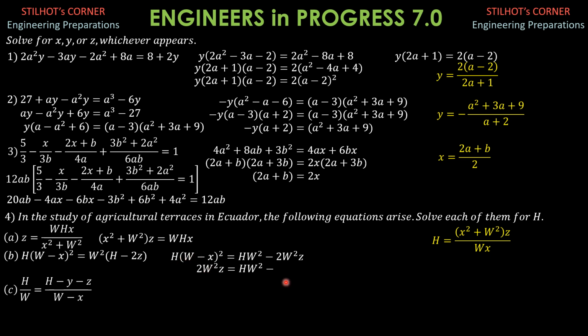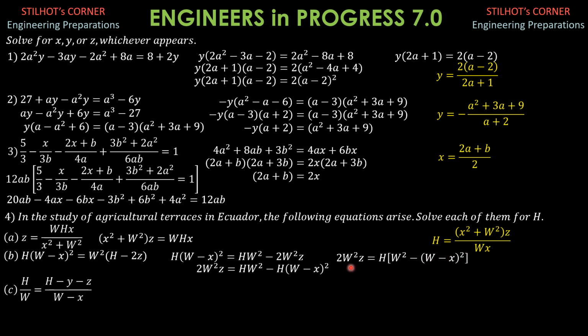So 2w squared z equals hw squared minus h quantity w minus x squared. Factor out h from the right side. So 2w squared z equals h quantity w squared minus quantity w minus x squared.